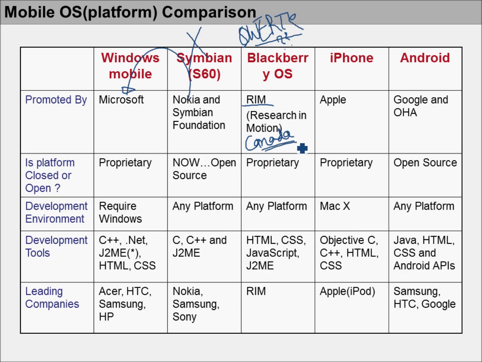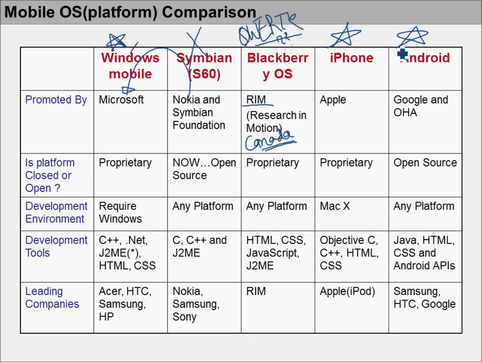Now, let us discuss the three major players in the mobile operating system space. Those three major players are Windows Mobile, iPhone, and Android. Let us start with Windows Mobile and compare how they come up.